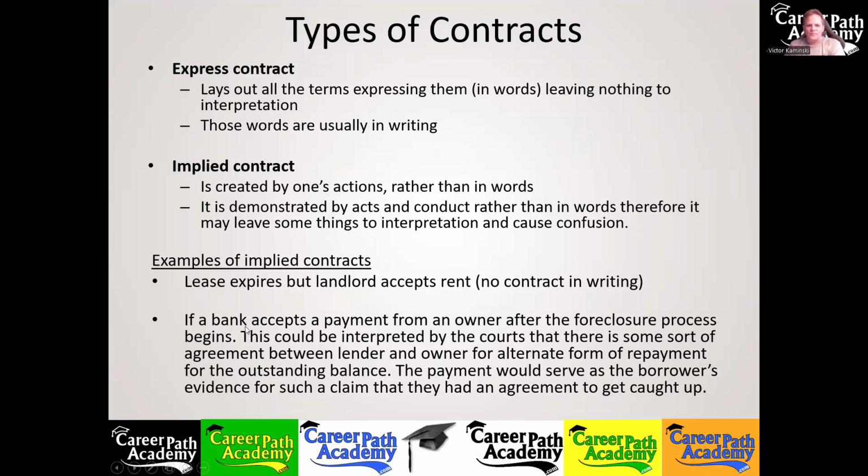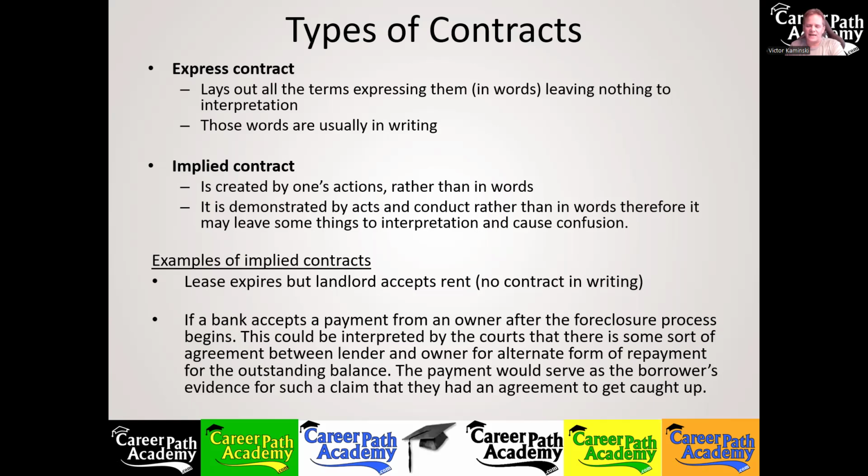Here's another example. If a bank accepts a payment from an owner after the foreclosure process begins, this would be interpreted by the courts that there's some sort of an agreement between the lender and the owner for an alternate form of payment, especially if that's what the owner says, that they have some sort of an agreement with the bank, and they could prove that they made a payment to the bank and the bank actually accepted a payment from them after they started the foreclosure process.